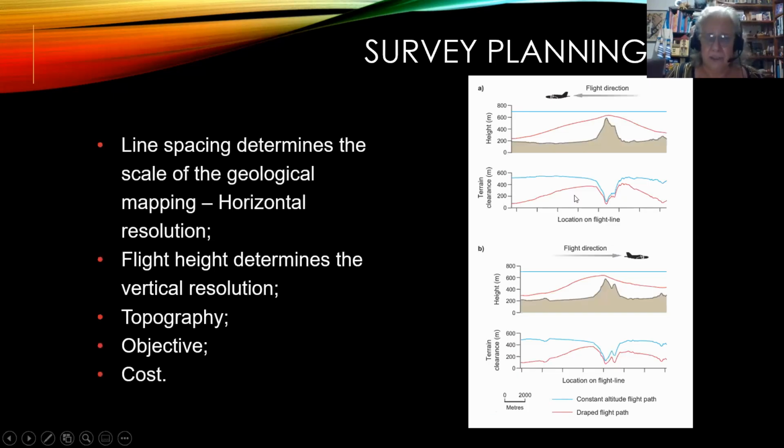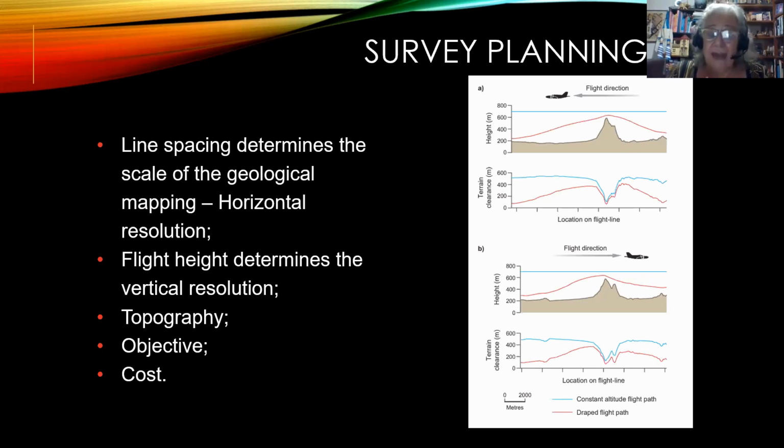Talking about the resolution, it's also very important to keep in mind that the line spacing, the separation between the lines, determines the horizontal scale of the geological mapping. So this is the horizontal resolution.